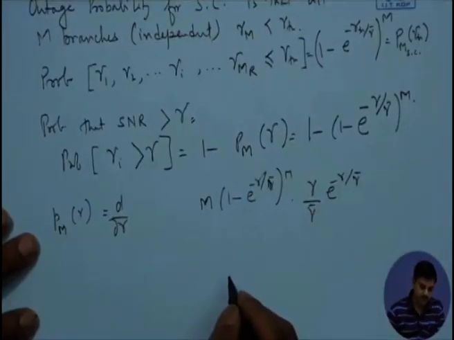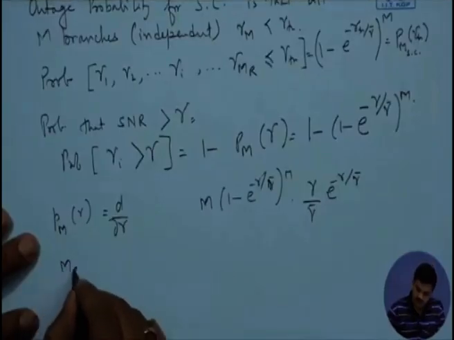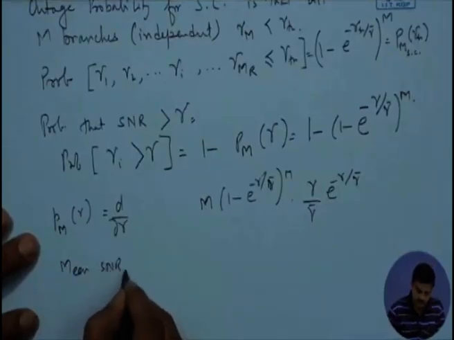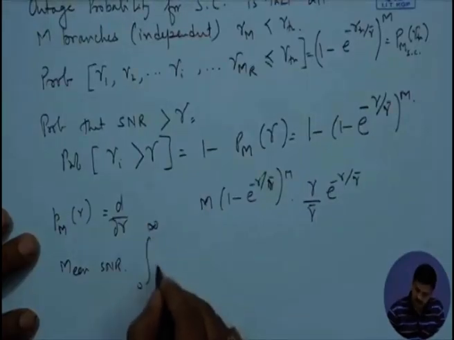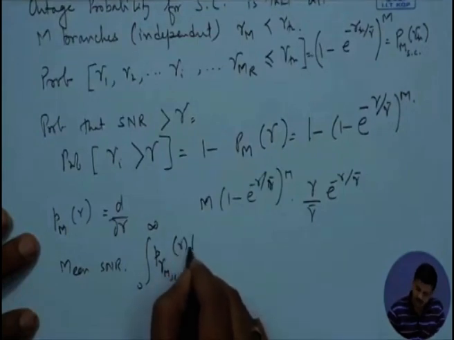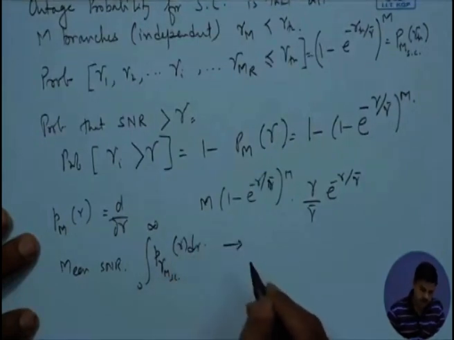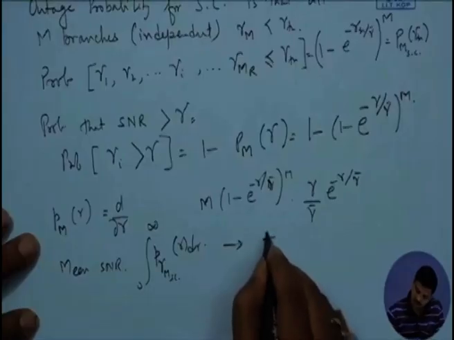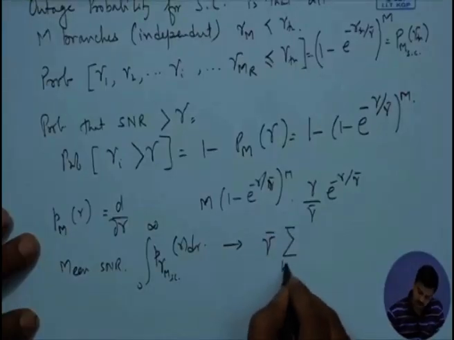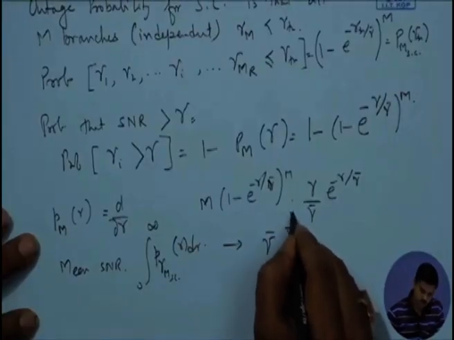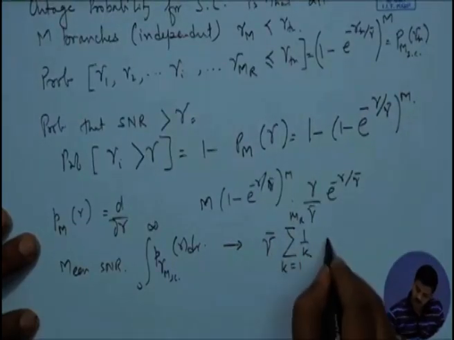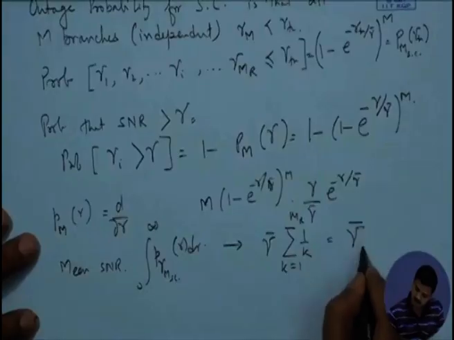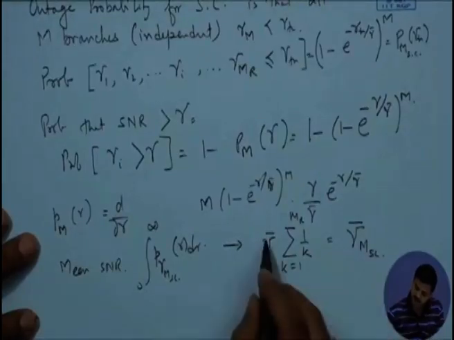If you do the derivation, you are going to get this, and the mean SNR can be obtained by integrating 0 to infinity gamma times p gamma m selection combining d gamma, and this would result in gamma bar times the sum over k equals 1 to capital M R of 1 over k. So, this is the expression for gamma bar m selection combining.